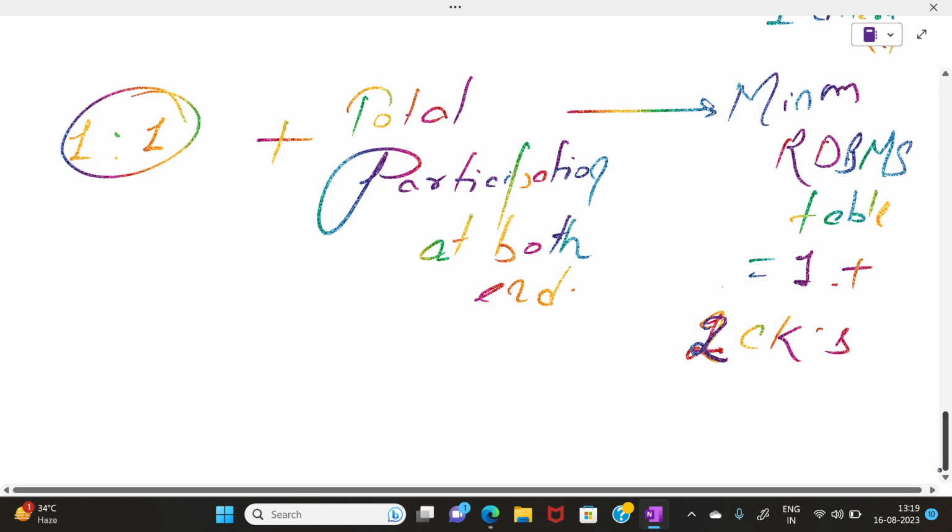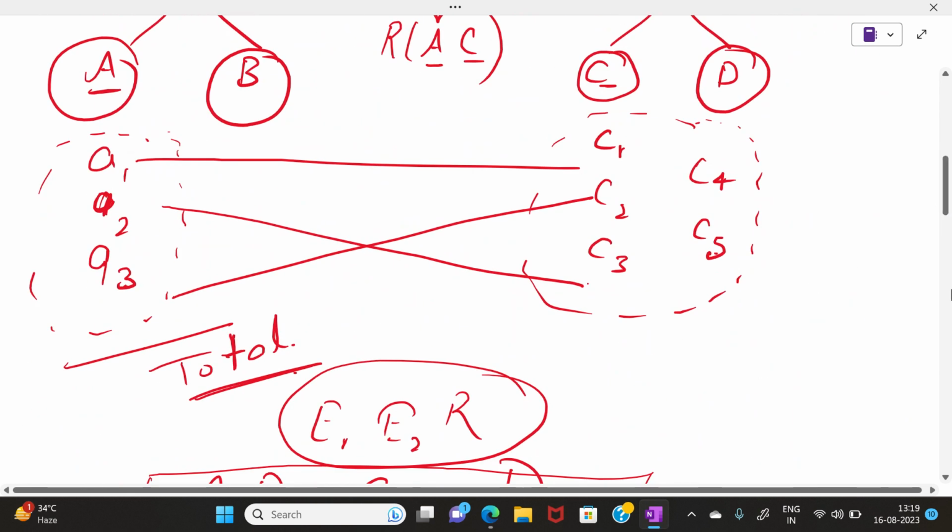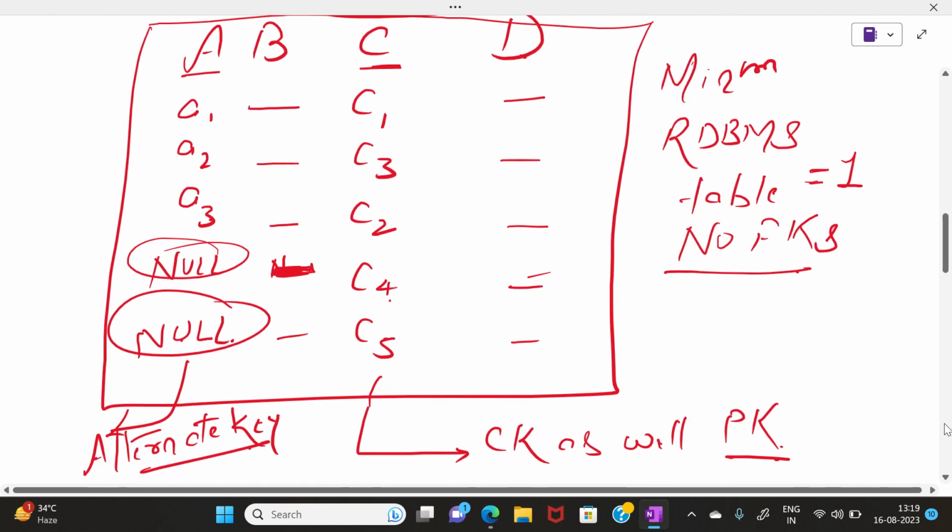Either one could be treated as the primary key with no null values plus no foreign key.